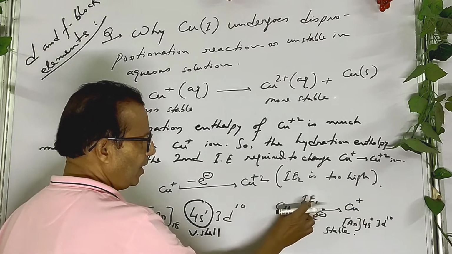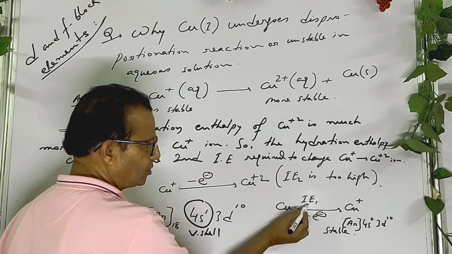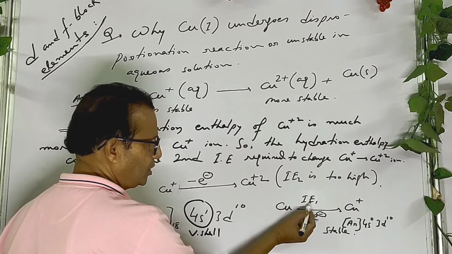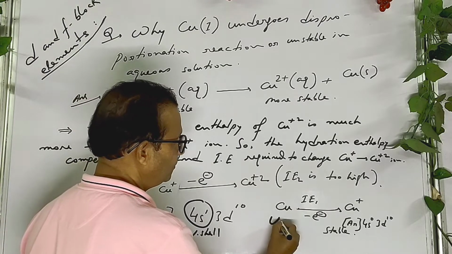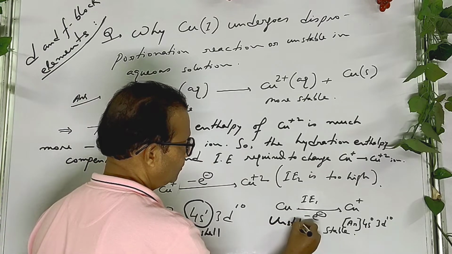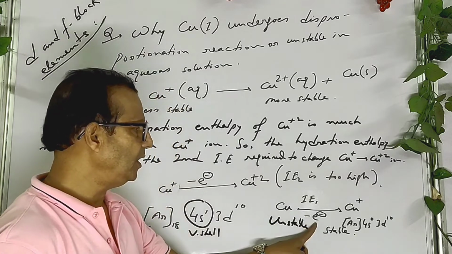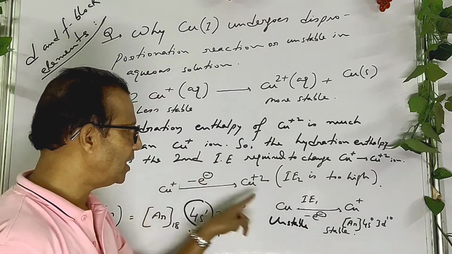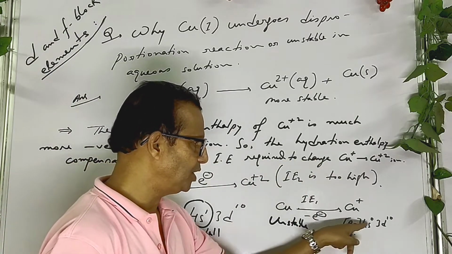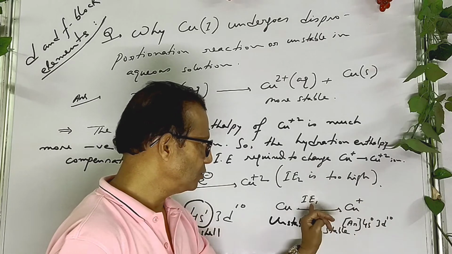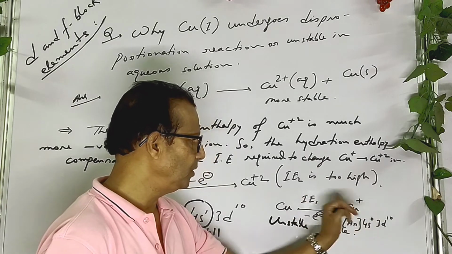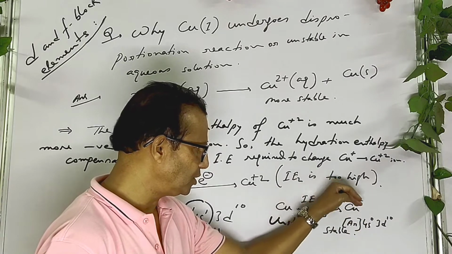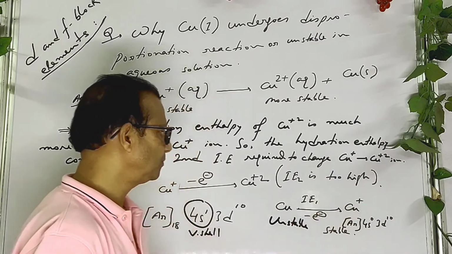The energy required to release the first electron is called ionization energy or ionization enthalpy. After releasing one electron, don't write it, only understand, it becomes stable. So the first ionization energy for copper is low, because from unstable it goes to a stable configuration.